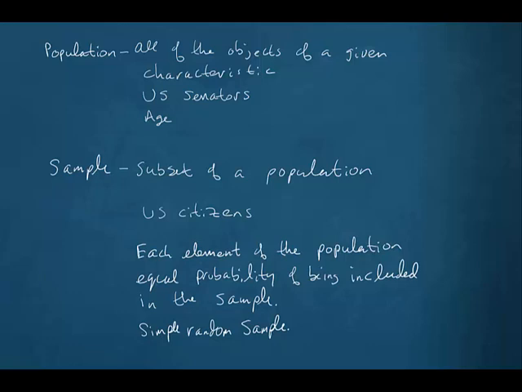Likewise, we wouldn't go to a long-term care facility that catered to the elderly in order to get a data set that represented well the ages of the U.S. citizens, as that data set would contain data values that are much larger on the whole than the actual population itself.